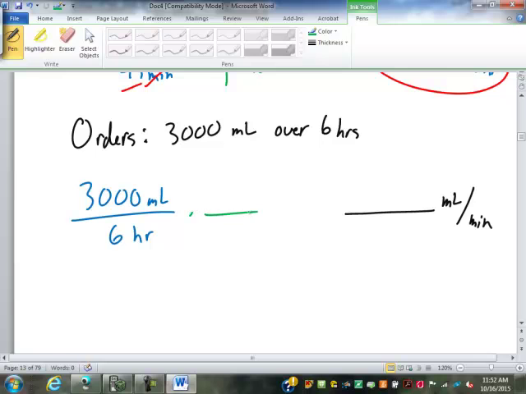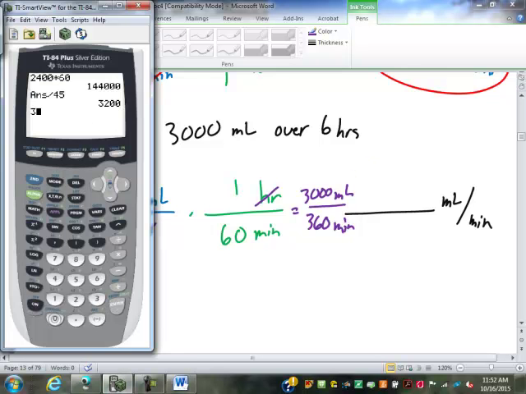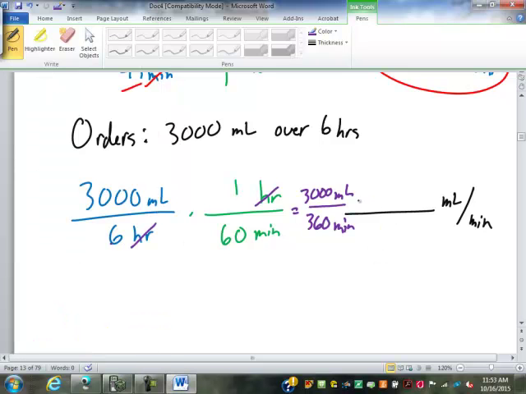We need to get rid of the hours and go to minutes. 1 hour is 60 minutes, so now the hours divide out, and we have 3,000 milliliters on top over 6 times 60, 360 minutes. 3,000 divided by 360 is 8.33 milliliters per minute. When we're talking milliliters per minute, for the most part, we're going to round to 2 decimal places, by the way.